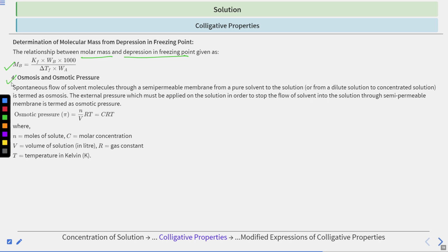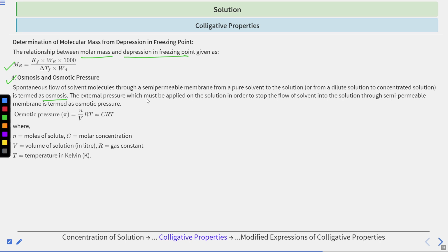And fourth is osmosis and osmotic pressure. The spontaneous flow of solvent molecules through a semi-permeable membrane from a pure solvent to the solution, or from a dilute solution to a concentrated solution, is termed osmosis. Right? So osmosis is related to the flow of solvent, flow of fluid.